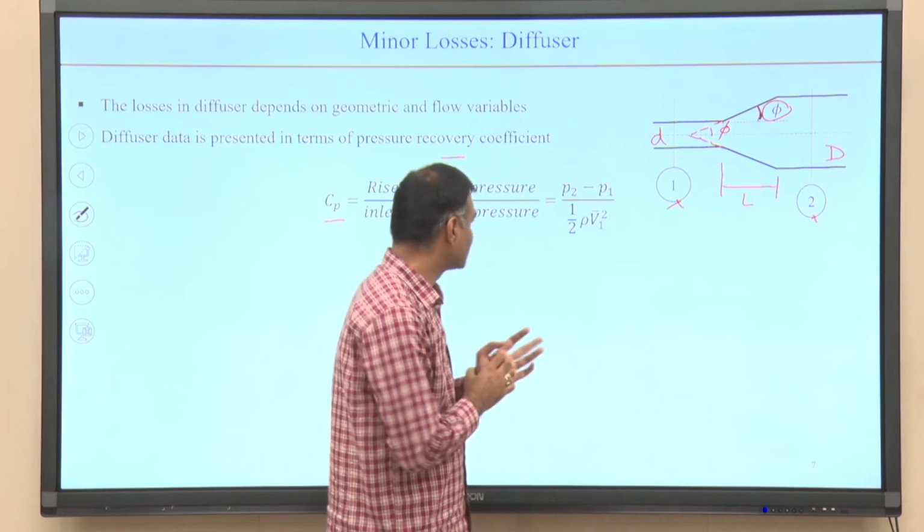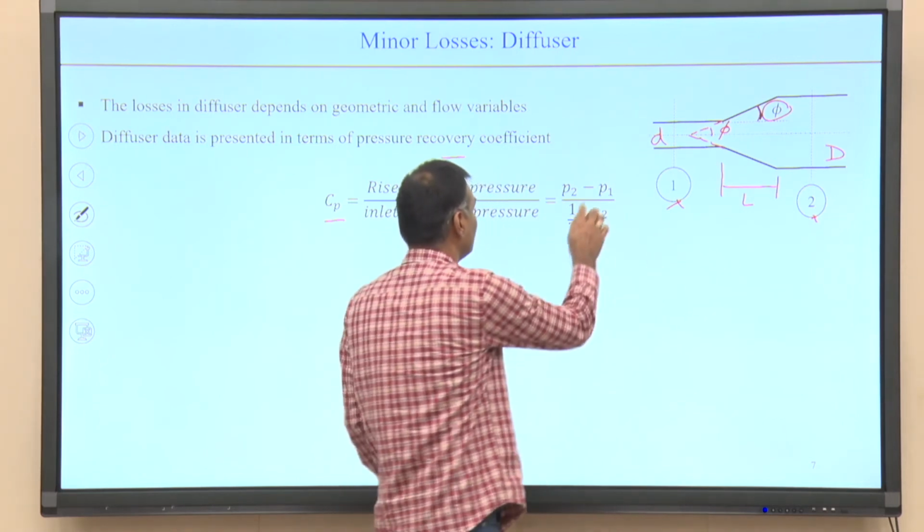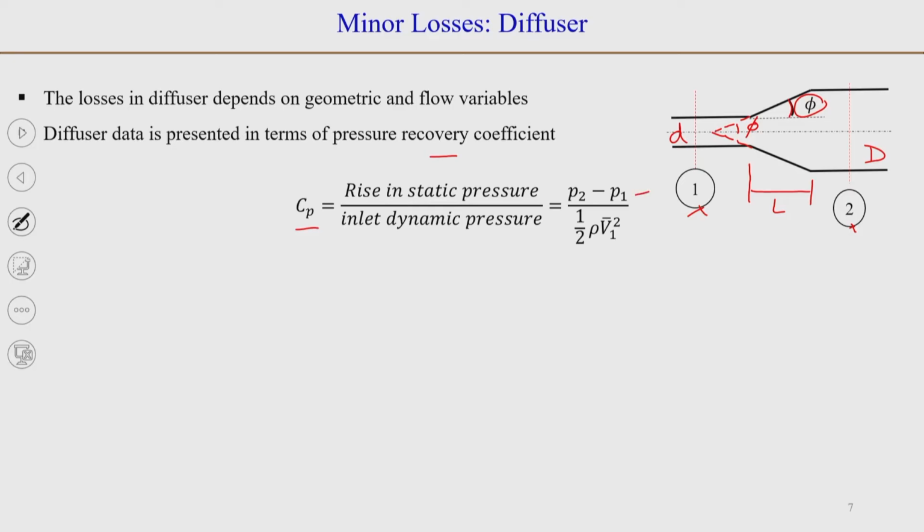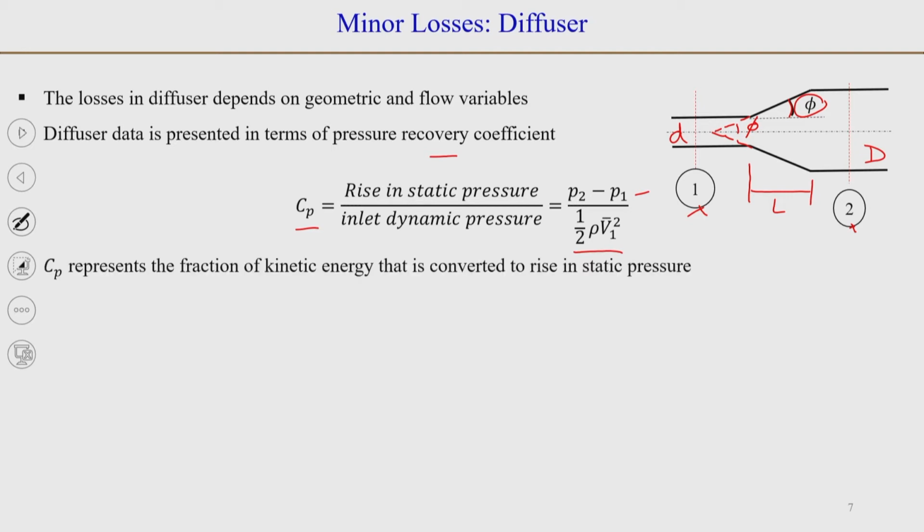That rise in pressure, P2 minus P1, is the rise in static pressure, and it is divided by the dynamic pressure, half rho V1 squared, because V1 is where the velocity is high. Okay. So that is the pressure recovery.